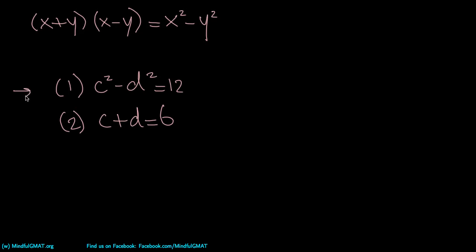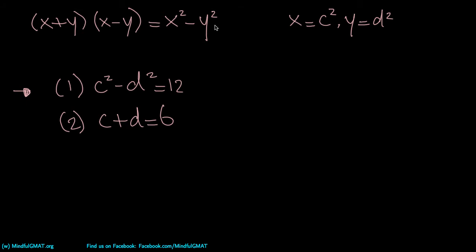Now, checking whether the first piece of information is sufficient to answer your question, the best thing that we can do is to say, okay, let's use this mathematical property where x equals c squared and y equals d squared.